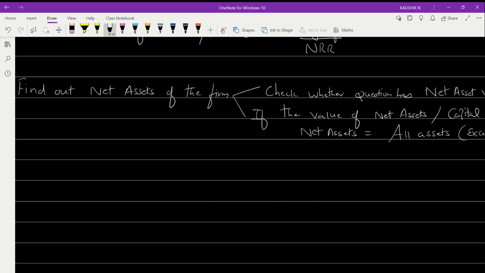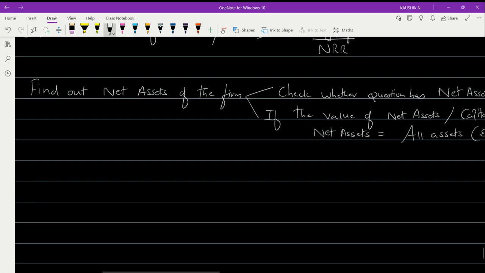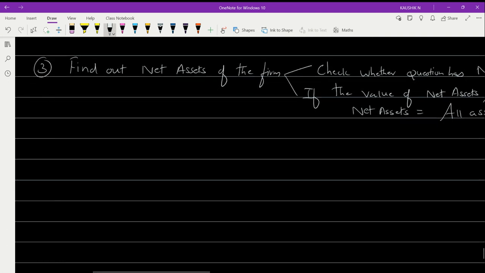Okay. Now, coming to the next concept, that is calculation of goodwill. After finding this out, the fourth step is goodwill calculation.